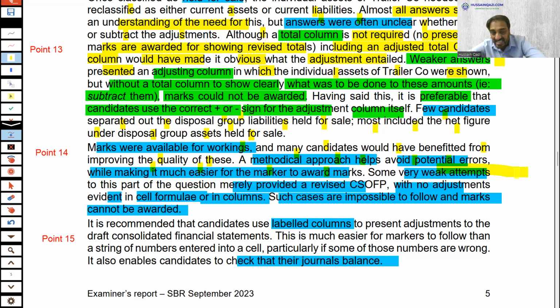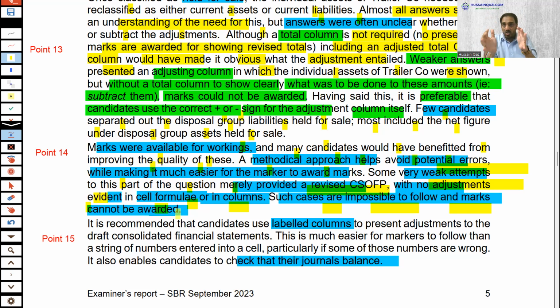Some very weak attempts at this part of the question merely provide a revised consolidated balance sheet with no adjustments, evident cell formulas or columns. Such cases are impossible to follow and marks cannot be awarded.